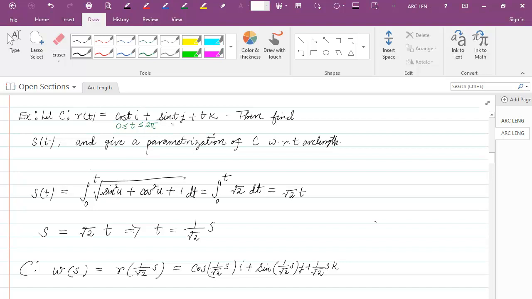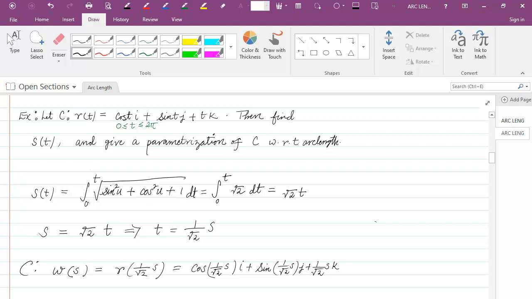The second component is going to be sine of u, and the derivative of that would be cosine of u, and square that, you get cosine squared of u. And then if I again write r of u, this would be u, and the derivative of z with respect to u would be 1. Square that, you still get 1.